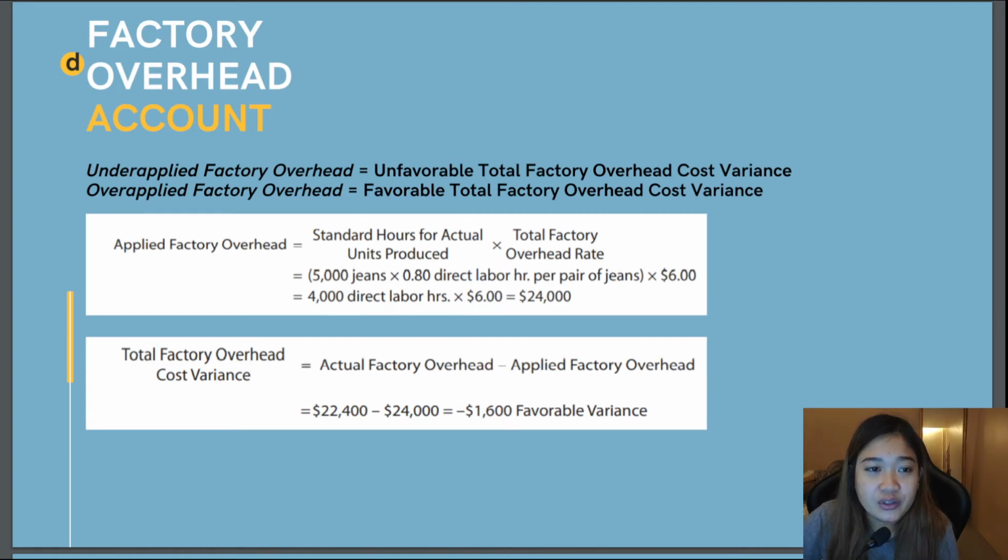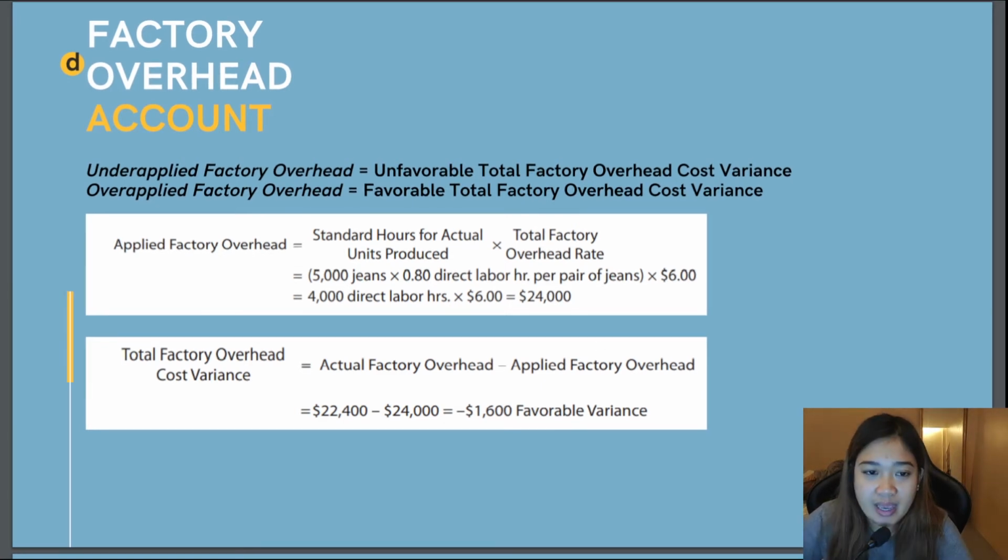So a factory overhead cost variance report is useful to management in controlling factory overhead cost. Budgeted and actual costs for variable and fixed factory overhead, along with the related controllable and volume variances, are reported by each cost element.